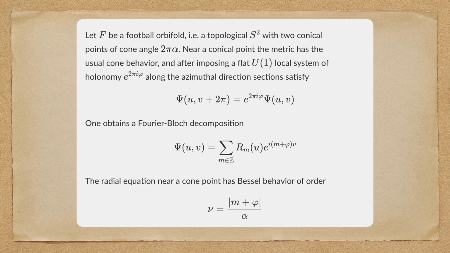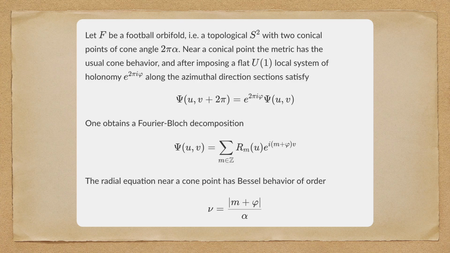Near a cone point, the metric has the usual cone behavior. And we can put a flat unitary rank one bundle, a local system. We can add holonomy if we want to, but we don't necessarily need to. But I'll show that once we forget all this holonomy, then we recover what we want.